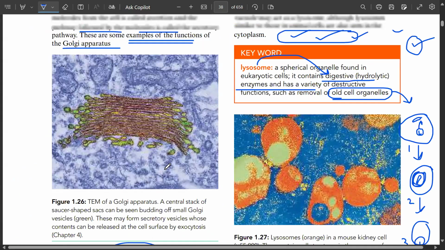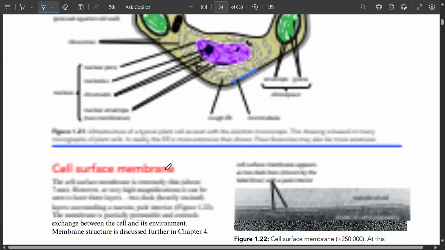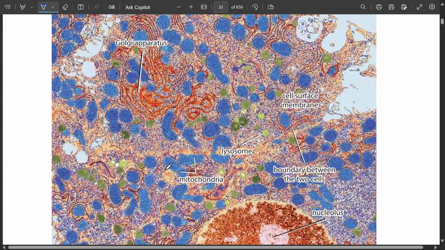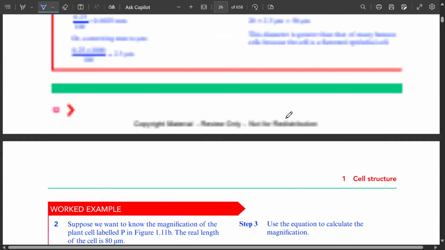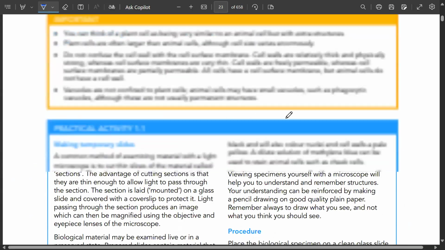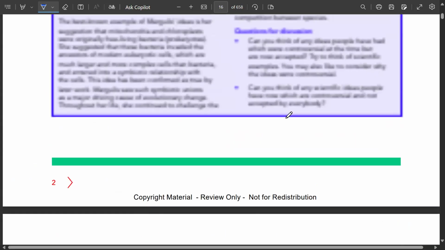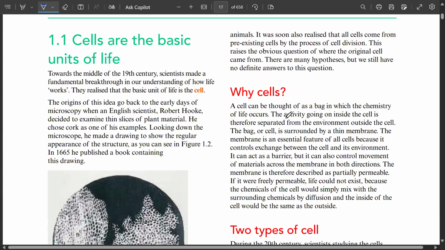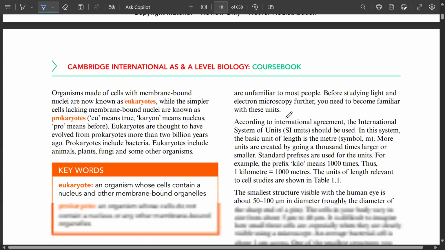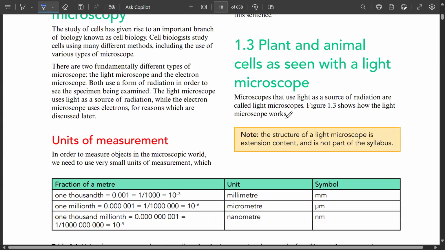Okay. So let me check if we have done the basics of chloroplast and mitochondria above. So till now in this chapter, let's see what we have totally covered. We have done a lot. Cells are the basic unit of life. Why cells are needed. Microscope is not that important.